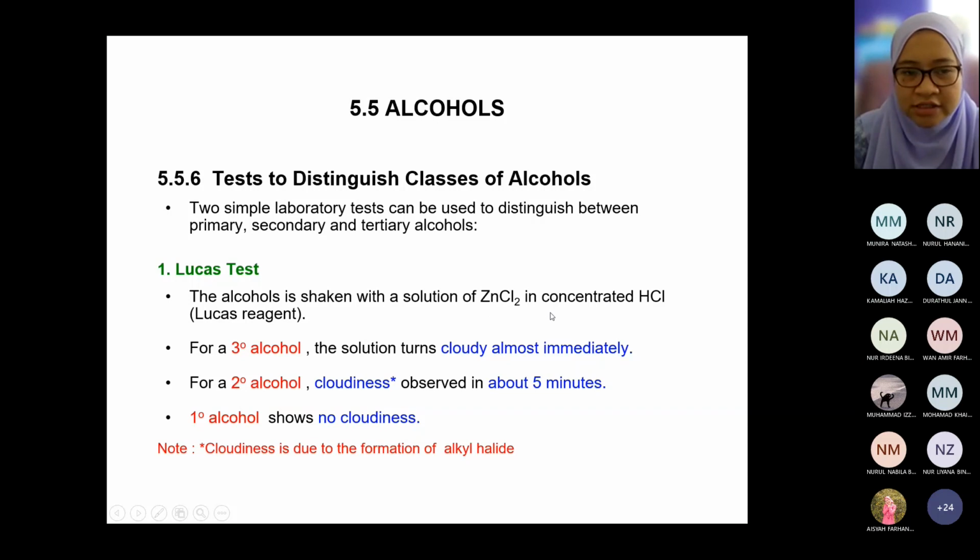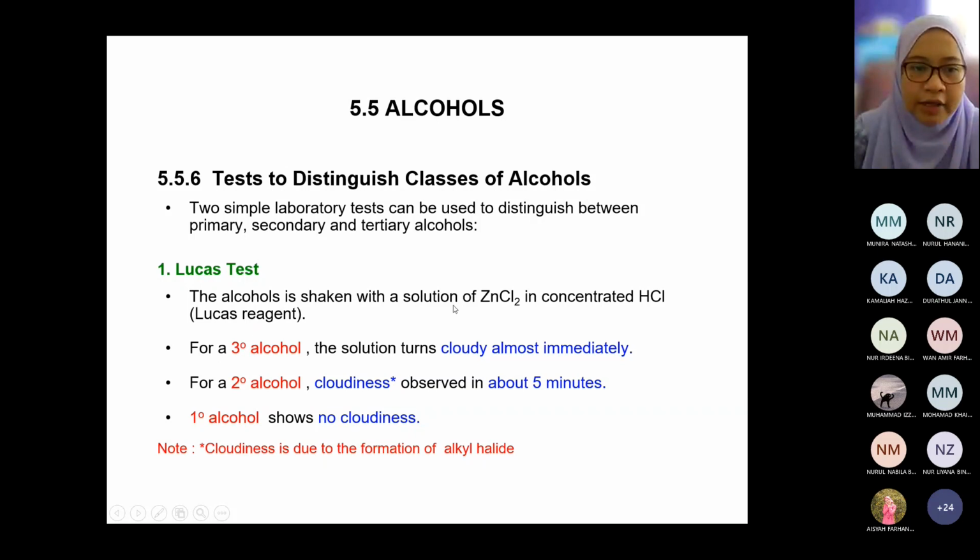When this Lucas reagent reacts with alcohol, as I've said just now, we have three types of alcohol: primary, secondary, and tertiary. So it will produce different results, and from there we can differentiate the type of alcohol.